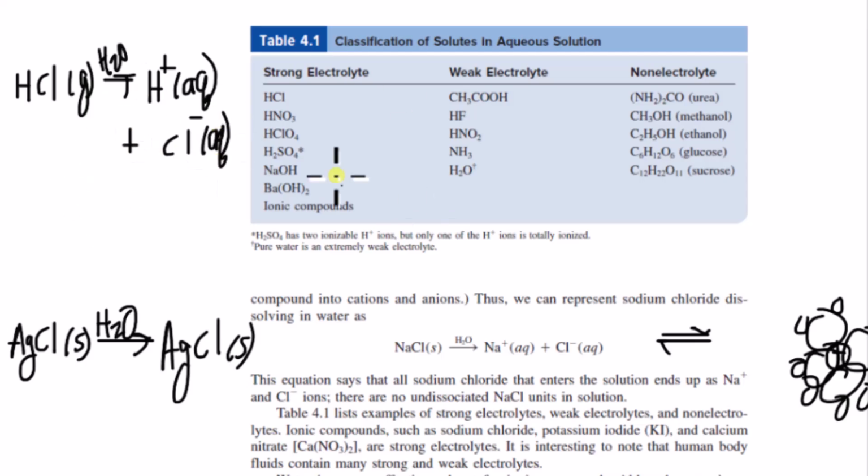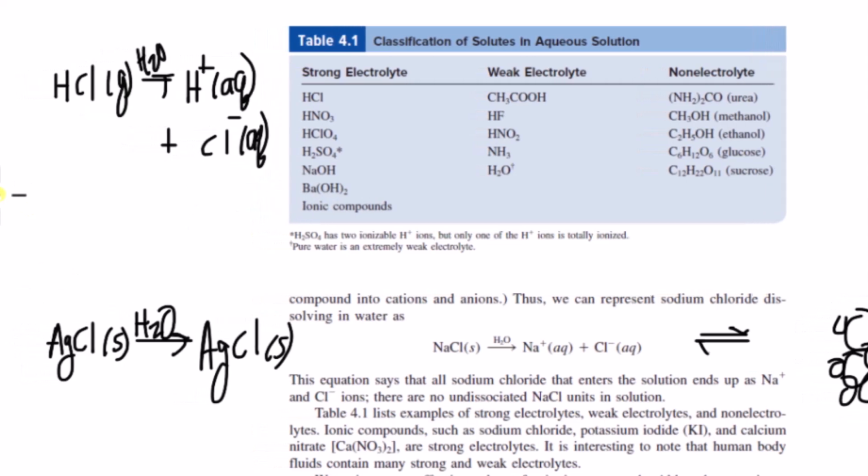There are the ions. So yes, you can have molecular compounds that are electrolytes. It's not just ionic compounds. You would think ionic compounds are made up of ions, so they can break up into ions in solution. What else could yield ions in solution? Well, molecular compounds can as well.